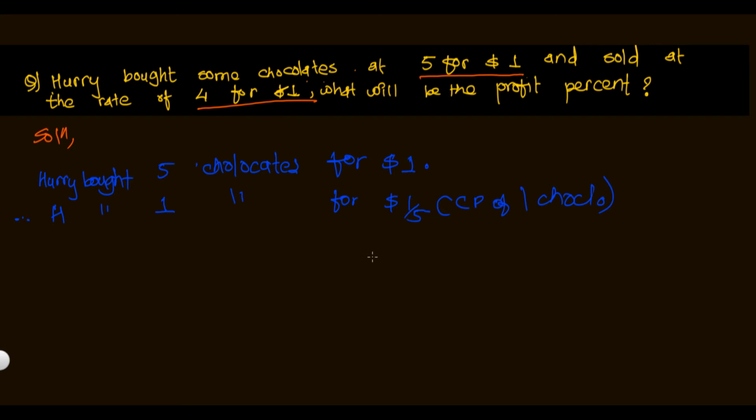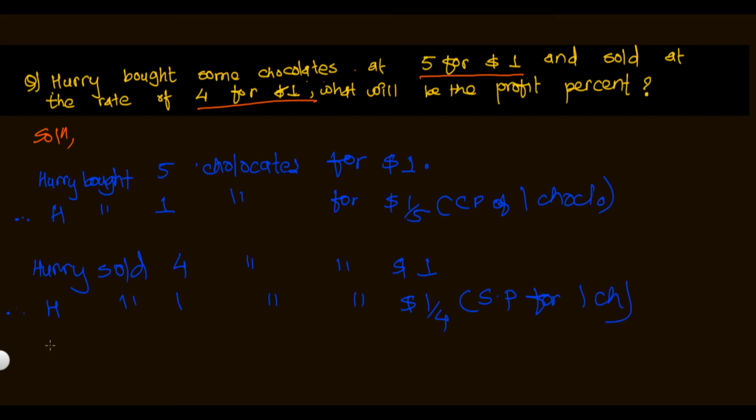Similarly, Huri sold 4 chocolates for $1, whereas for one chocolate Huri sold in $1/4. That will be his SP for one chocolate.